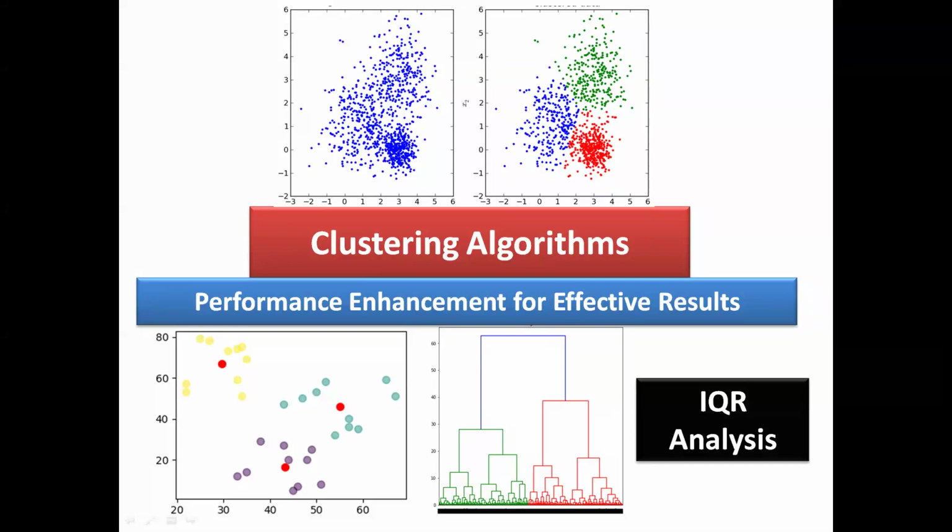We will discuss this part also with practical demonstration, how to work on interquartile range IQR analysis, so that we will be able to form better clusters by removal of noise in advance.